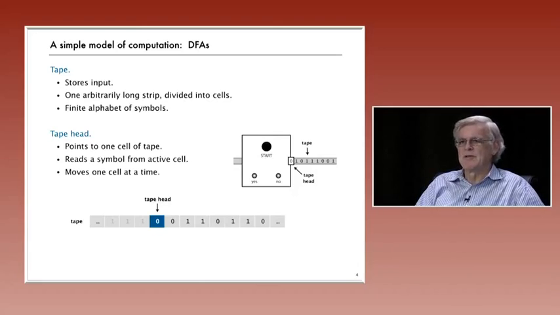That's just a long strip that's divided into cells. It's got a finite alphabet of symbols, and a tape head that could read one symbol from one cell of the tape, and then based on what it saw, it would move to a different state. It would move one cell at a time and read all the input, and if it got to the right state, we'd say it accepted.